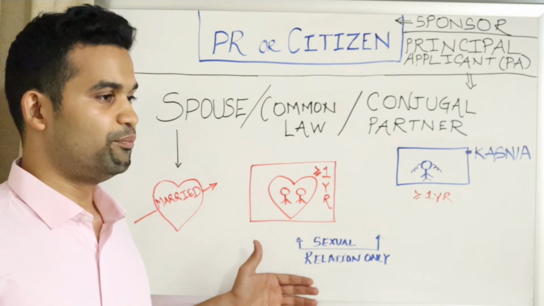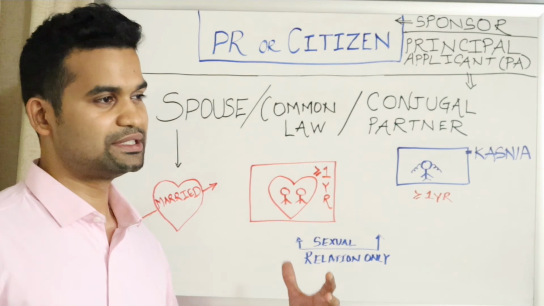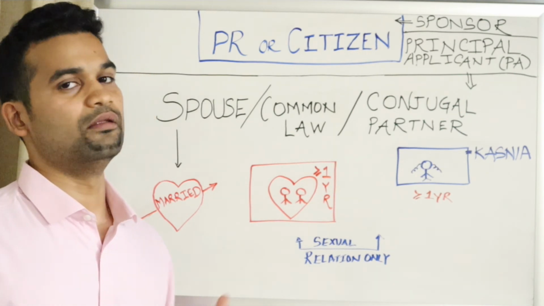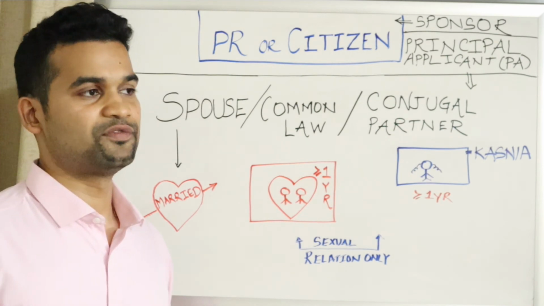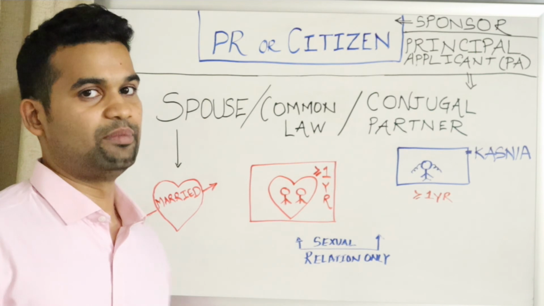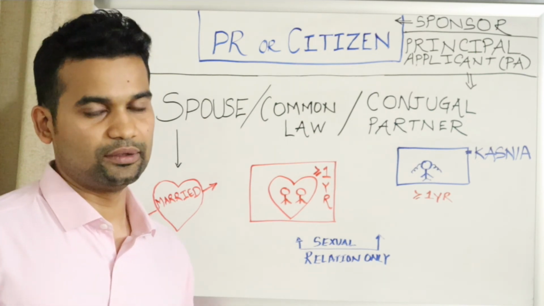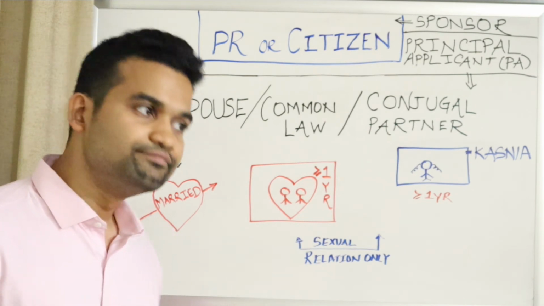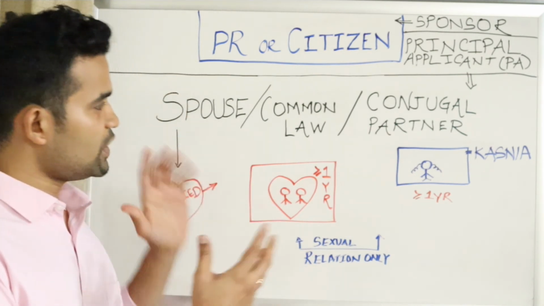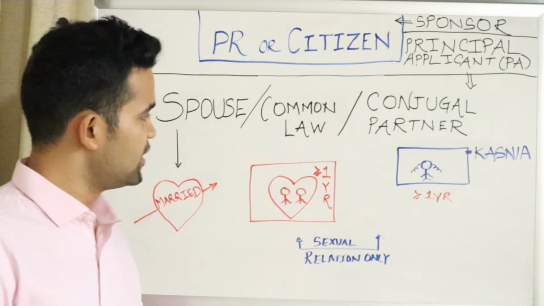In order to prove to the immigration department that a long-term serious relationship exists between two individuals, you have to provide a lot of evidence. A lot of supporting documents are expected in sponsorship applications. If there is interest from your side, please do mention it in the comment section, and I will make a video on that as well. But as of now, I just wanted to focus on these 3 types of relationships.